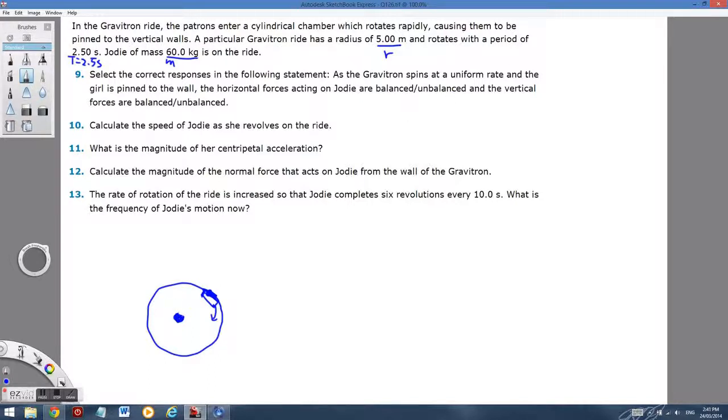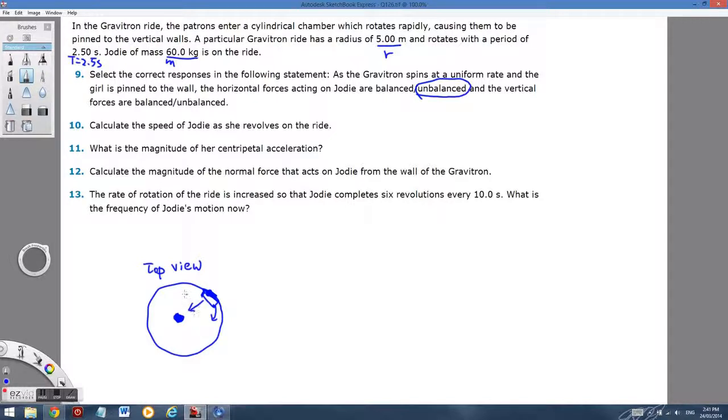Remember this is a top view. When we're talking about horizontal forces, this is the horizontal plane. So what's happened is it's unbalanced, because if the horizontal forces were balanced, it would stay at uniform velocity, and it won't rotate.